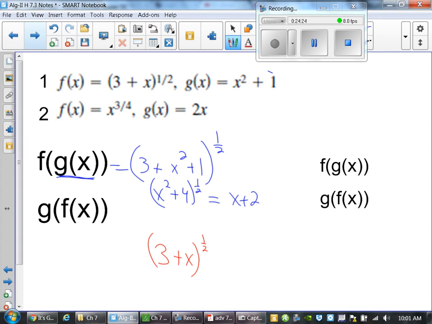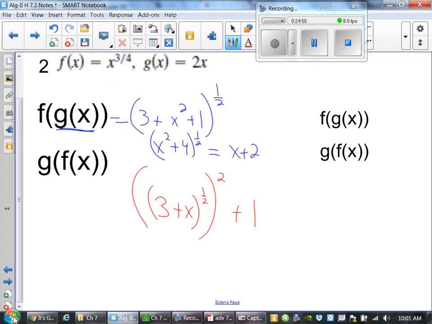Well, the g of x equation is x squared plus 1, which means I have to put this, square it, and then tack on 1. So I have to distribute through power to power stuff. And that's right, because we have the power to power there. They drop out, and you get x plus 4. Okay.